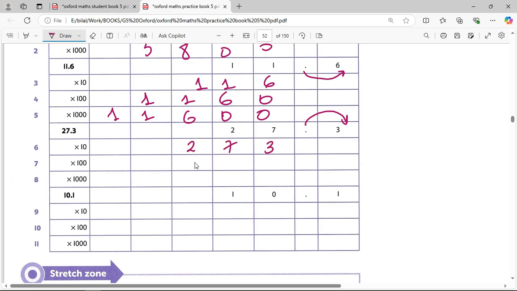If I multiply again by 10, or take the original number and multiply it by 100, it adds another 0: 2,730. If I multiply this number by 1,000, I add another 0: 27,300.